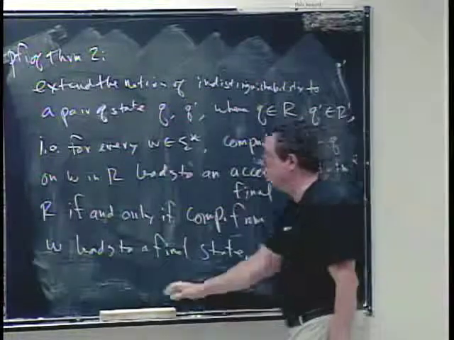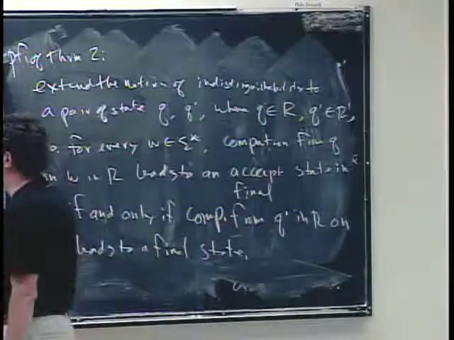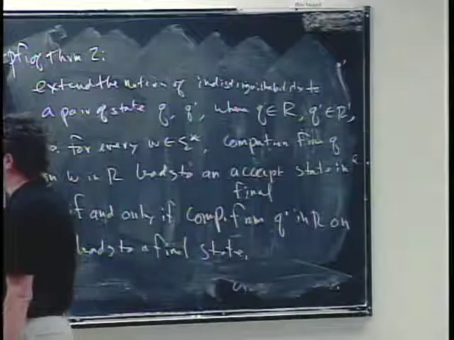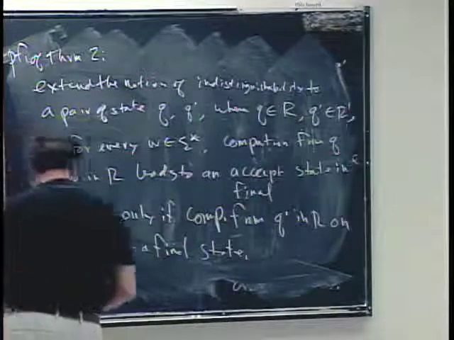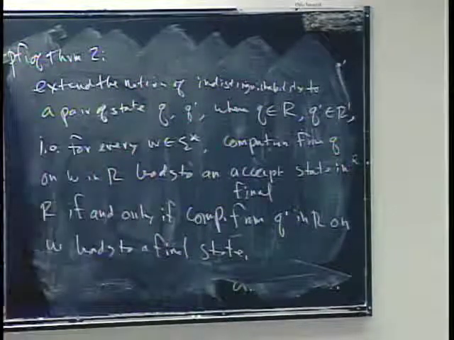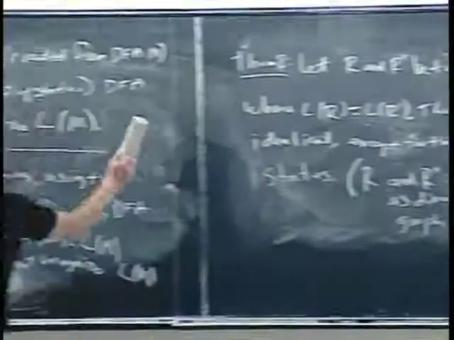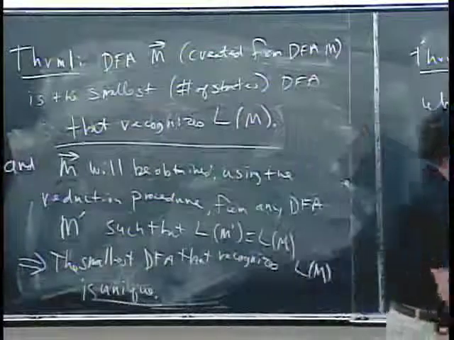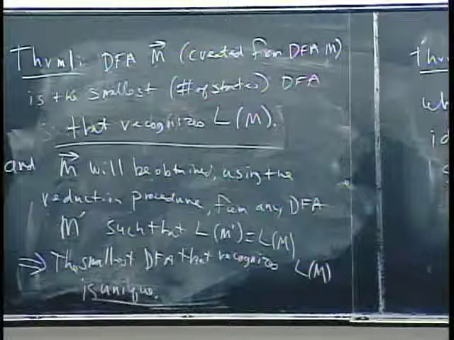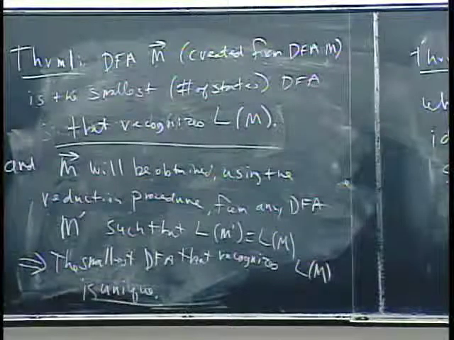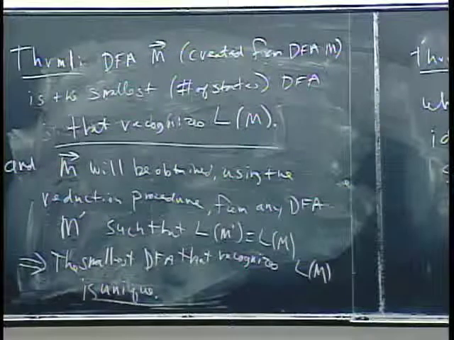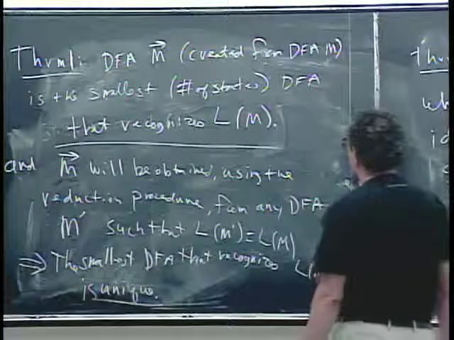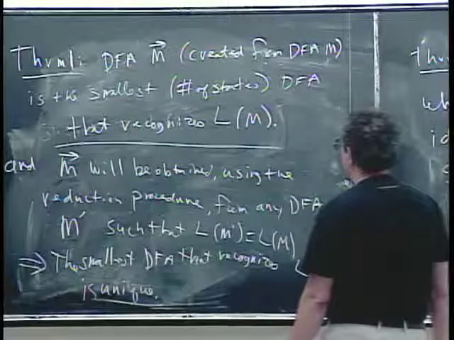This definition, so maybe draw a little picture to make that clear. We have theorem 1, theorem 2. We've used up all of our boards. I want all of them. I don't want to erase any of these. So what can I do about that? Which one should I sacrifice?